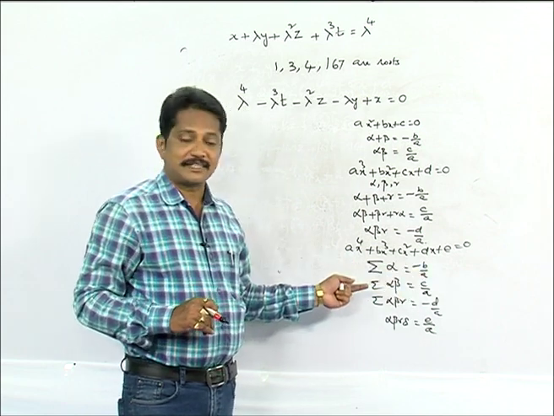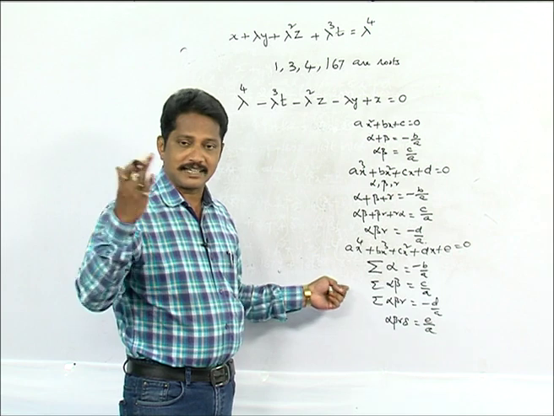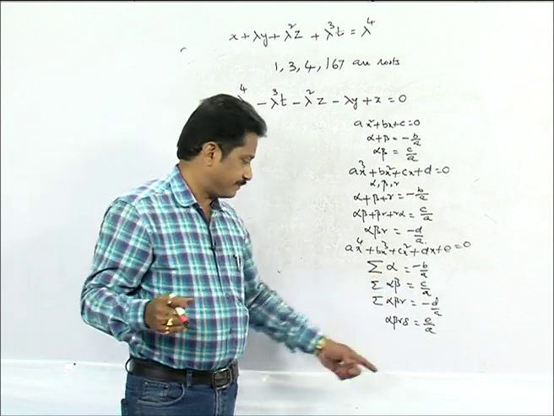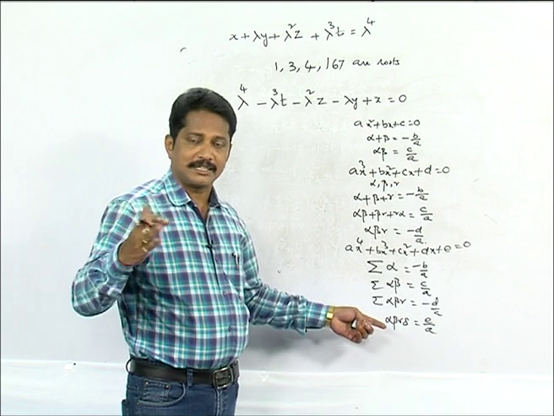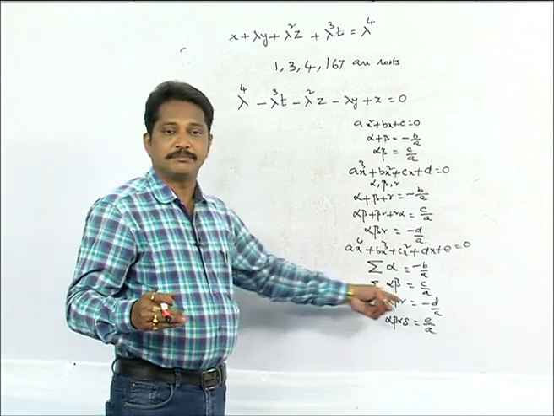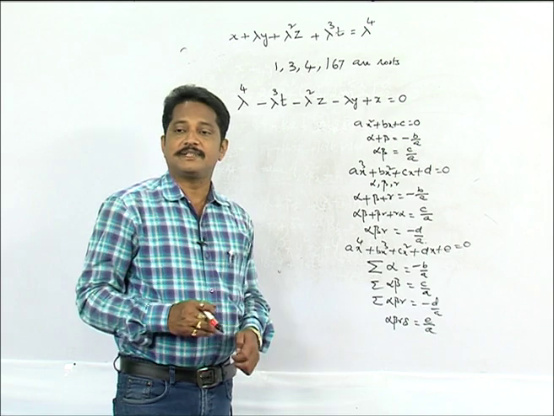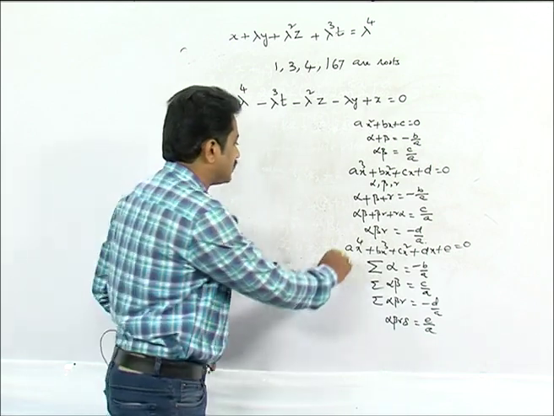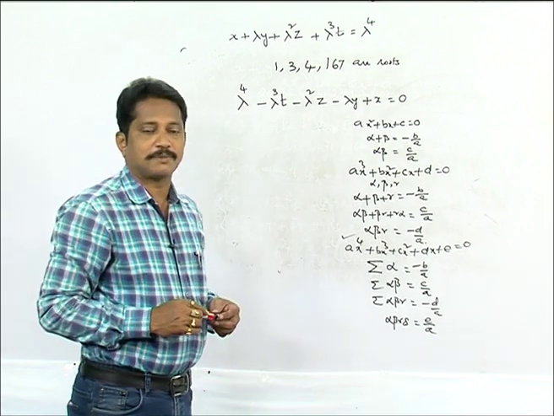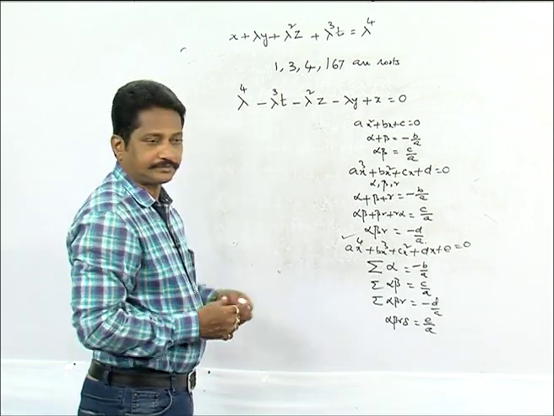Sigma alpha beta, meaning alpha beta, beta gamma, gamma delta, delta alpha, is c by a. Sigma alpha beta gamma is minus d by a, and alpha beta gamma delta is e by a. Clear? Now I am using this concept to explain the answer.